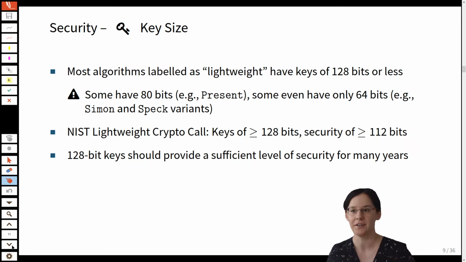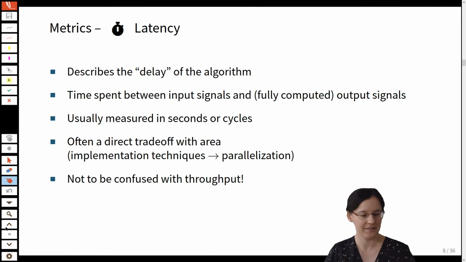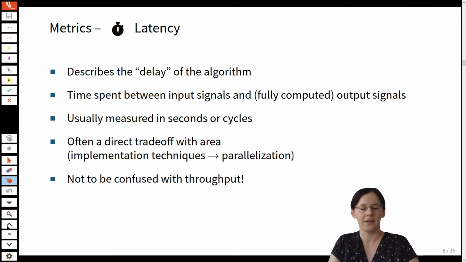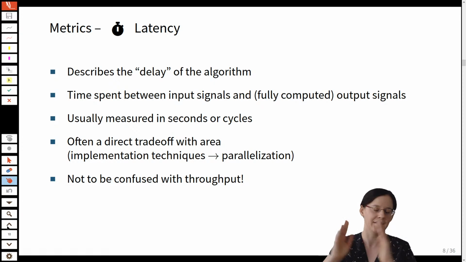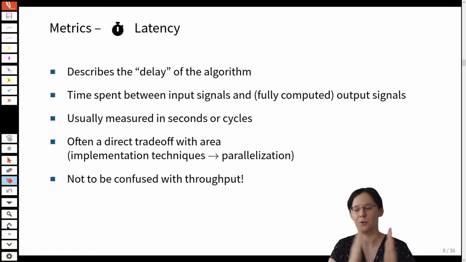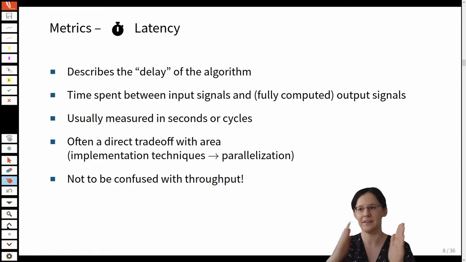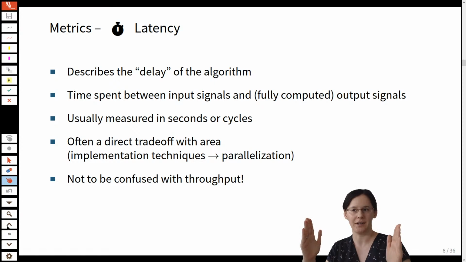So there was a question, namely whether there isn't a connection between latency and throughput. Well, there is a connection, but it's not an immediate connection. Let's for example say that the latency of my very, very slow cipher is 1 second. So I give it the input and then it takes 1 second and then it gives me the output.